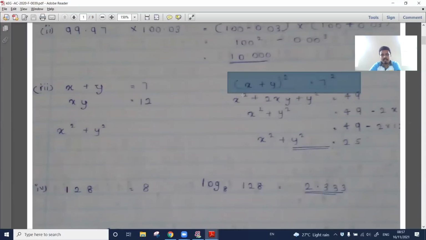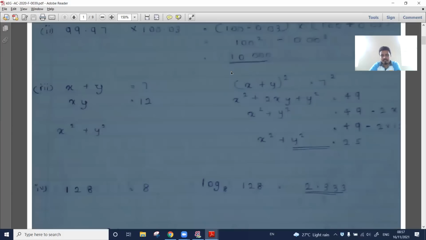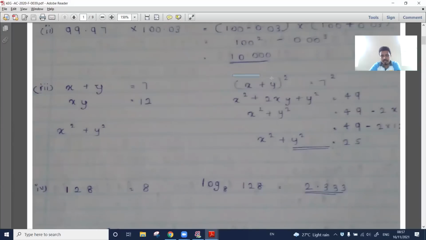Then we'll expand the left hand side. Here we have two terms, the whole square. First, we consider the square of the first term. First term is x, so x squared.